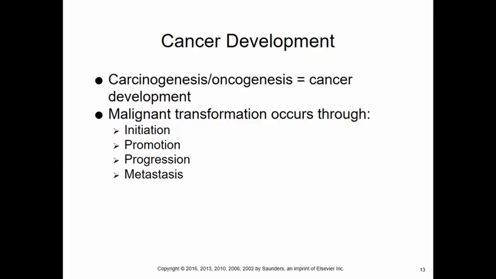So enhancers can be things that we normally see in our body, like certain hormones like insulin and estrogen. So if a cell has been initiated, so essentially turned into a bad guy by a carcinogen, and then it gets enhanced by something totally benign and something totally normal like insulin or estrogen, it can become a tumor.